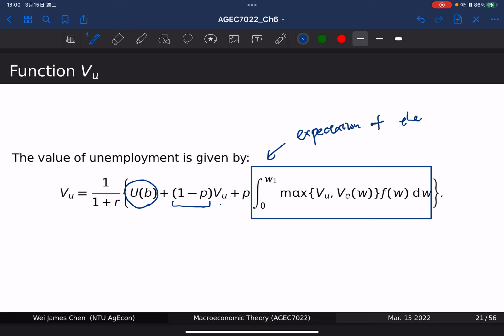So I take the integral over the range of 0 to W1. Remember, that's the lower bound and upper bound of the wage offer that you will get.